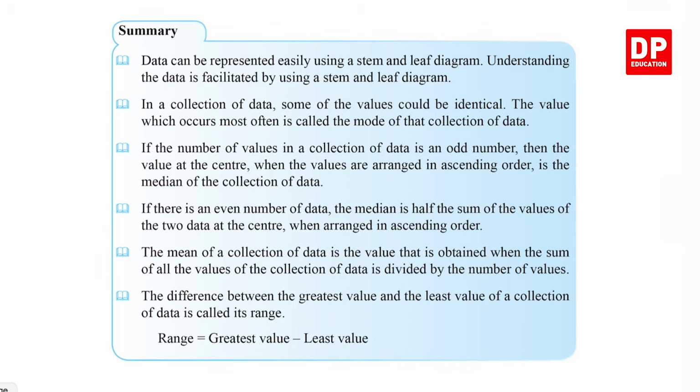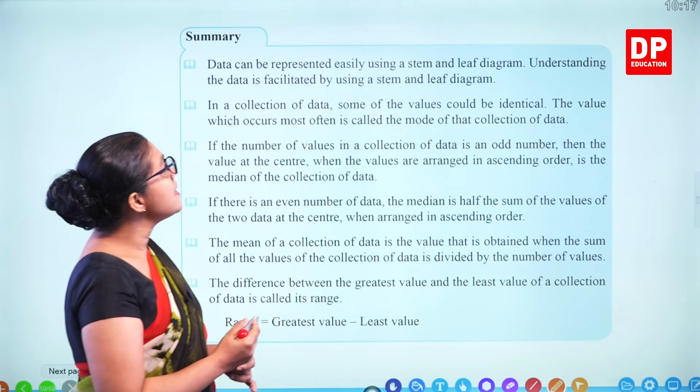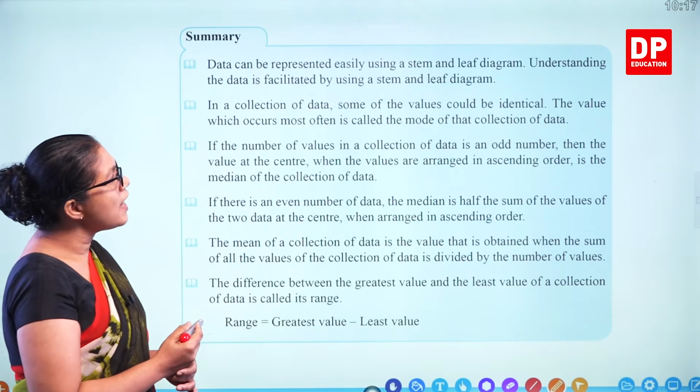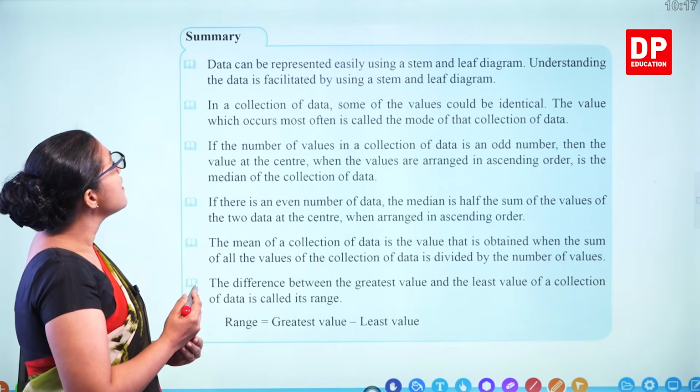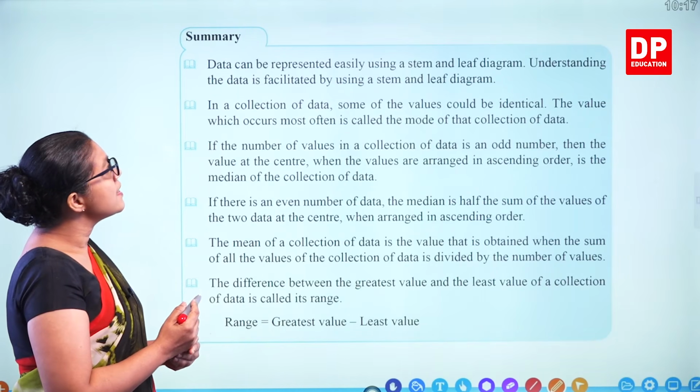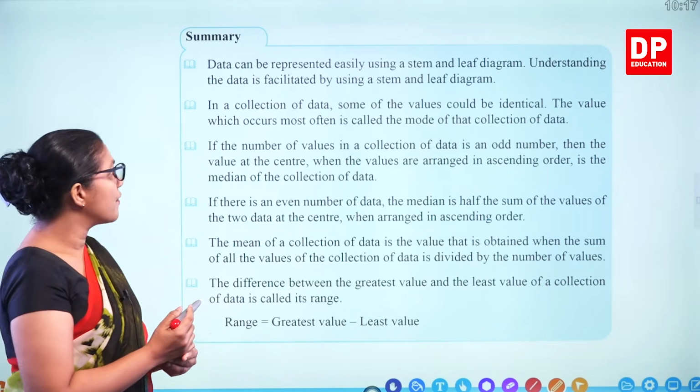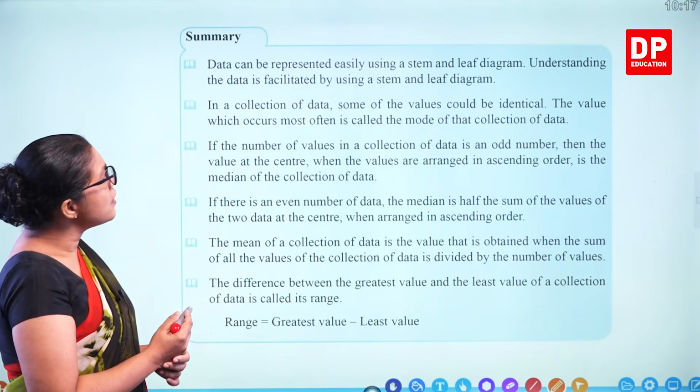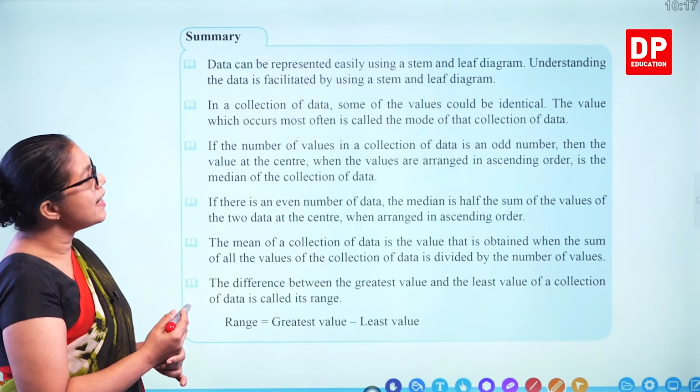So we covered all theory related to data representation and interpretation. So data can be represented easily using a stem and leaf diagram. So understanding the data is facilitated by using a stem and leaf diagram. In a collection of data, some of the values could be identical.